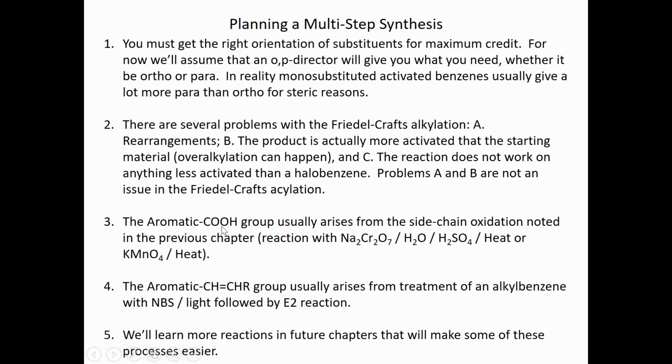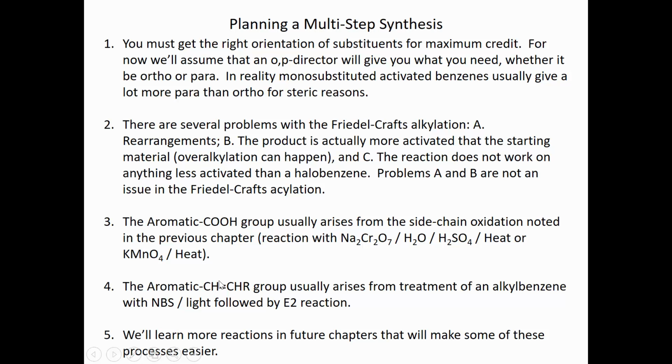We treat an alkyl benzene with sodium dichromate, aqueous sulfuric acid and heat, or potassium permanganate and heat. So this group, COOH, even though it's putting a C double bond O on the ring, does not usually come from the Friedel-Crafts acylation. It comes from the side chain oxidation in most cases.